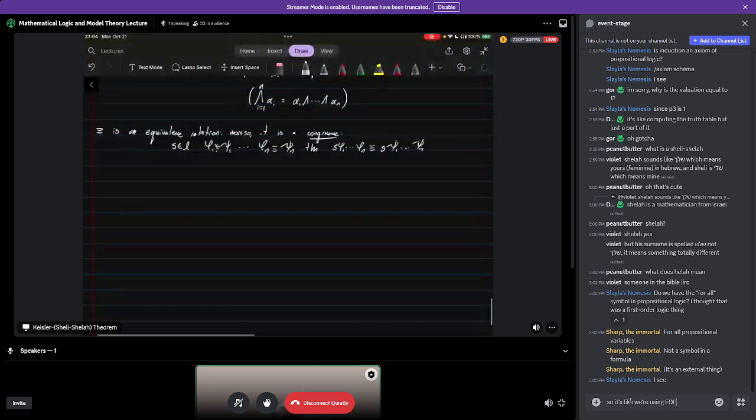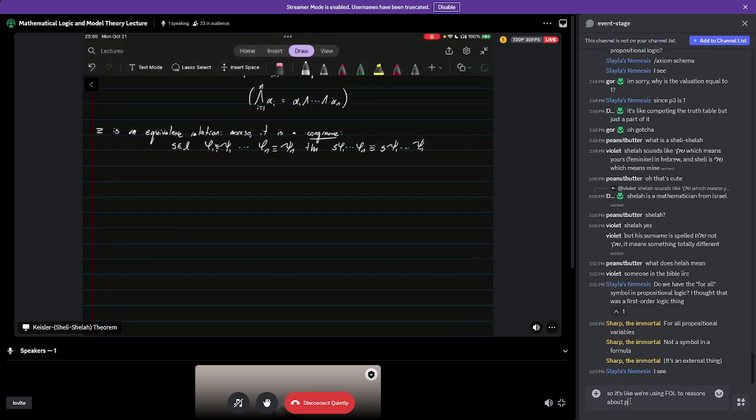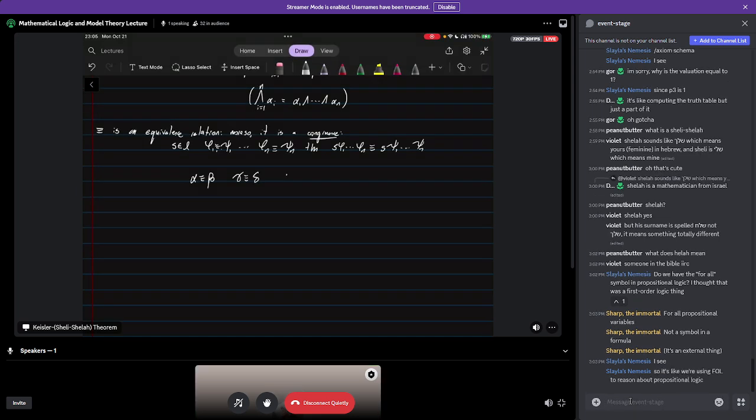So let's say, for example, if alpha is equivalent to beta and gamma is equivalent to delta, then alpha and gamma is equivalent to beta and delta. That's what this tells us.